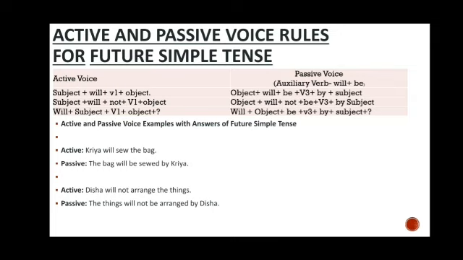Object plus will plus be plus verb third, then by, then subject. Object comes first in all of them. How will you do it? Just see. Priya will sew the bag. The bag will be sewn by Priya. Disha will not arrange the things. The things will not be arranged by Disha.